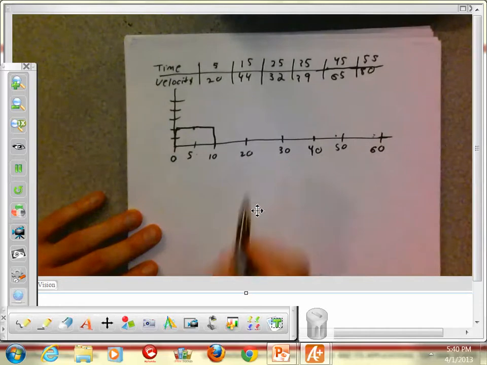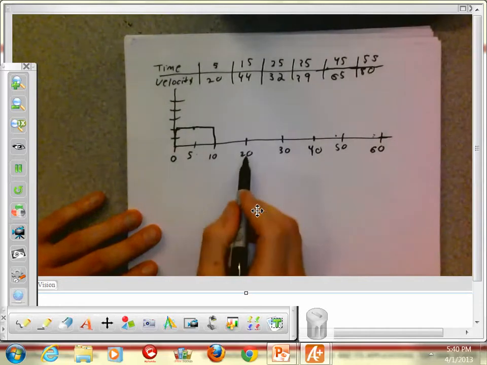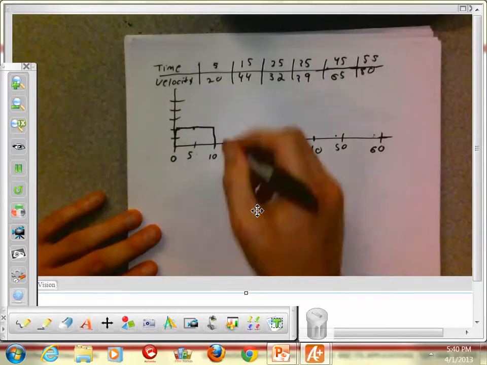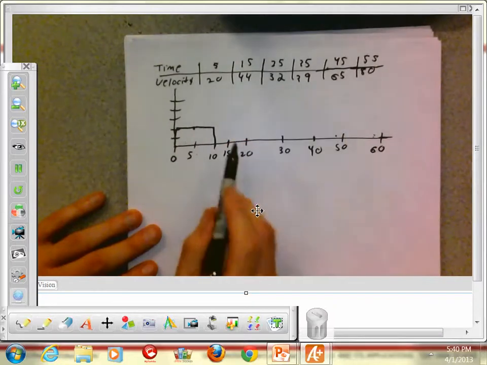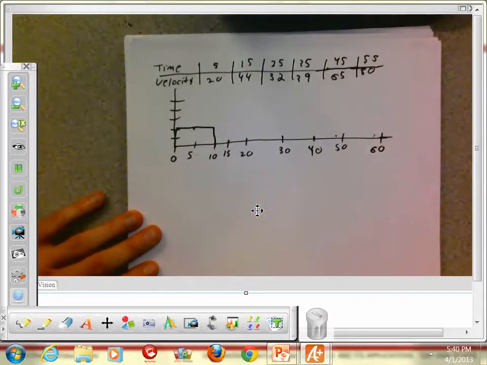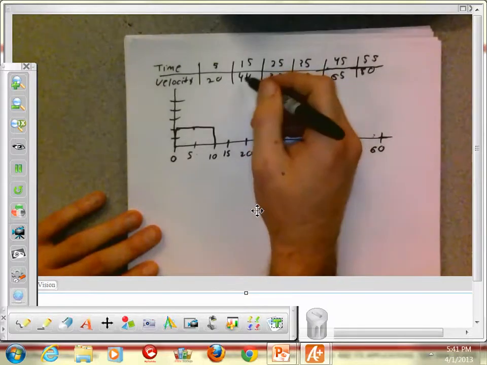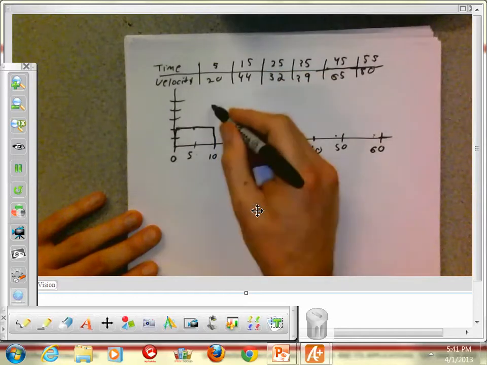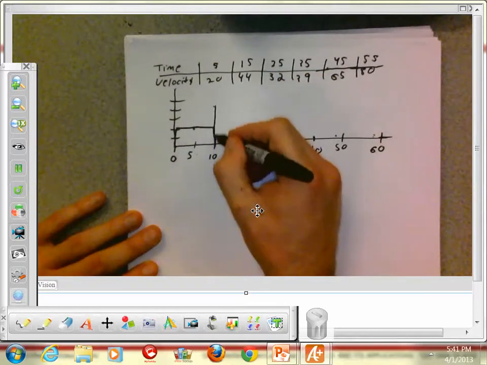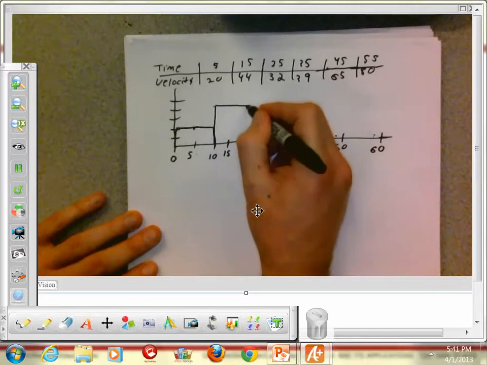Now the second rectangle has midpoint 15. And at 15 the height is what? What's the height at 15? 44. So what's going to be the height of the rectangle? 44, right? So it's 10, 20, 30, 40, going to be up here. And we're going to draw this rectangle.